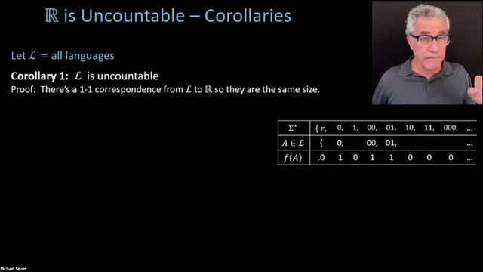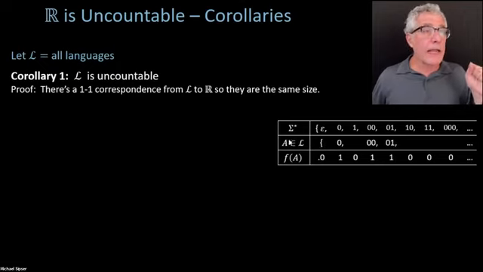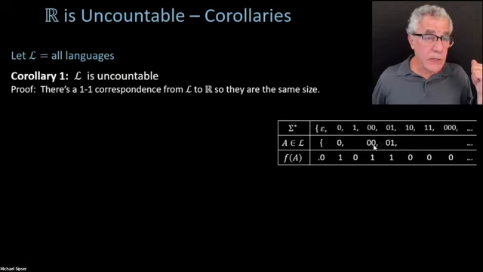And the way I'm going to think about that, let's put the real numbers into binary form. And if you imagine here being sigma star, all of the possible strings of sigma star, written out in their standard order. Now if you have a language A, it's just some arbitrary language. So that's going to have some of the strings of sigma star appearing, like 0 is appearing, but 1 is not appearing. 0 0 is appearing, and 0 1, but not these three.